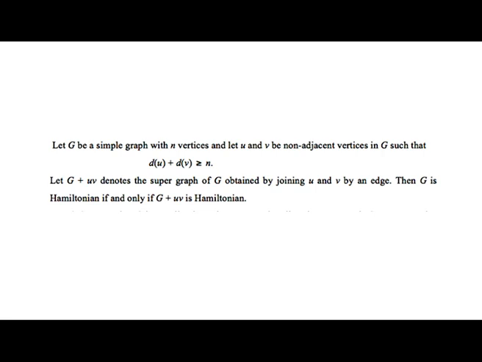Theorem. Let G be a simple graph with n vertices and let u and v be non-adjacent vertices in G such that the degree of u plus the degree of v is greater than or equal to n. Let G+uv denote the supergraph of G obtained by joining u and v by an edge. Then G is Hamiltonian if and only if G+uv is Hamiltonian. Proof. Suppose that G is Hamiltonian.